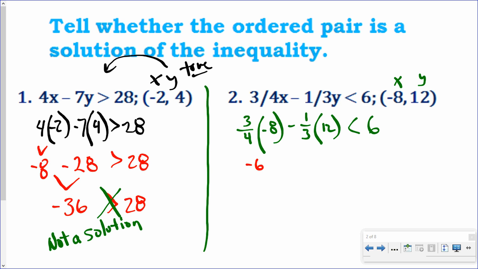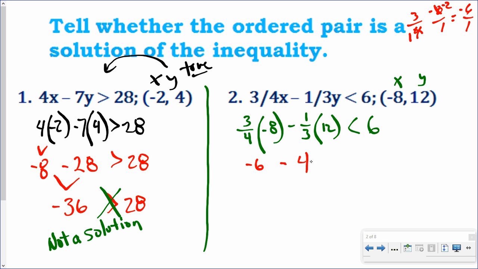Now I could go over here to the side and work this out, which you can on your own. -8 over 1, cancel these out, so that's a -2, and that's 1, and I end up with -6 over 1. Okay. So I get a -6, and then over here, basically 1/3 of 12 is 4. And I keep that negative sign there.